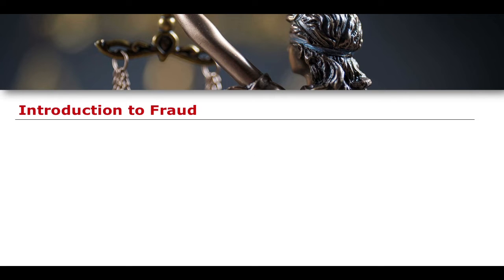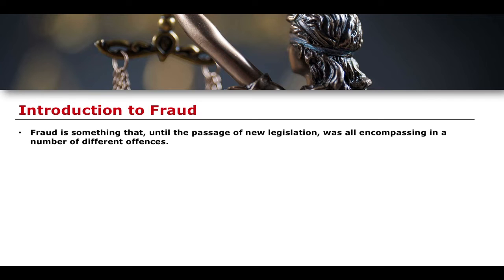So, as an introduction to fraud, fraud is something that, until the passage of new legislation, was actually encompassing of a number of different criminal offences. So the new legislation that we'll get to in a second codifies and mushes together what fraud was into this new offence.